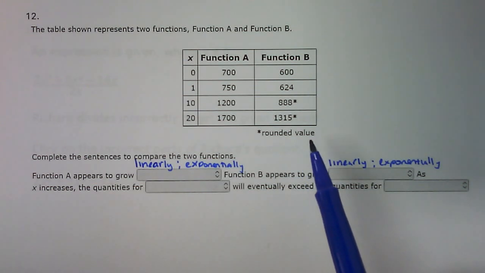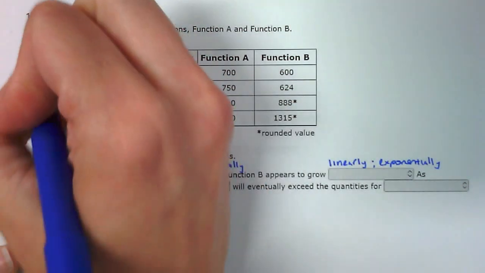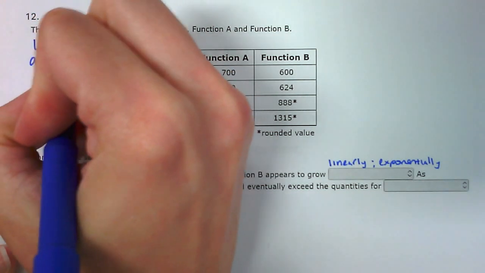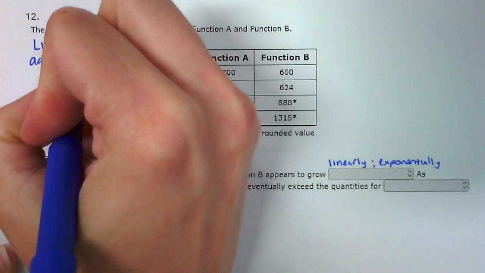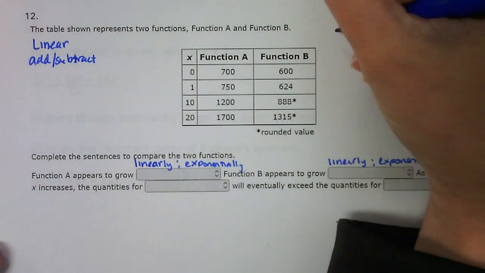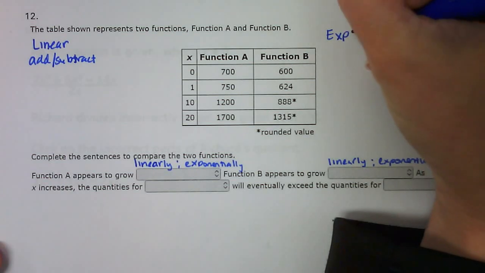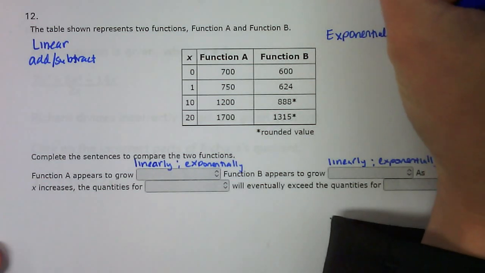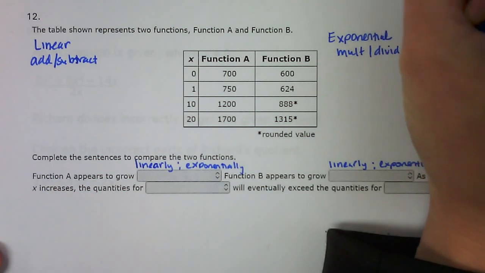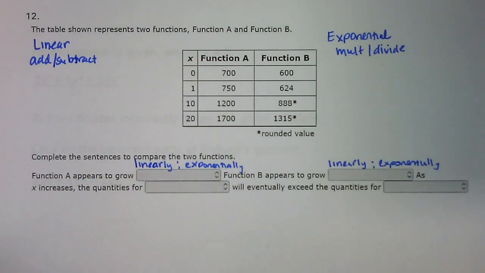So I've got to think about what that means. When I have a linear function, I'm either going to be adding or subtracting as I go down my list. When I have an exponential function, I'm either going to be multiplying or dividing as I go down my list.